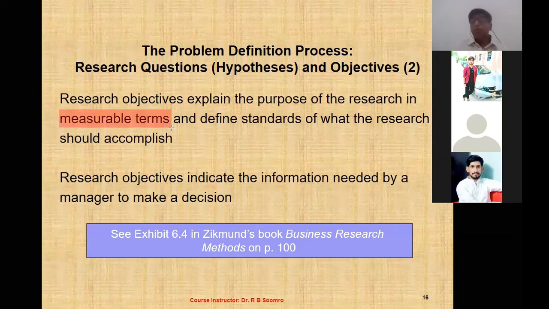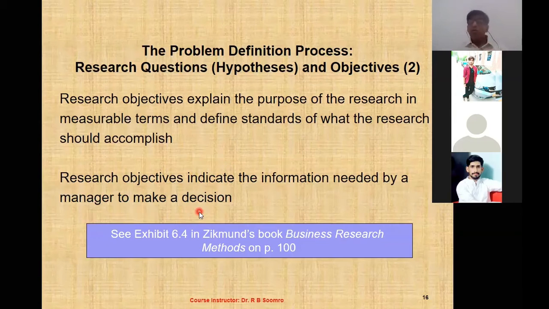That's very important. Like yesterday we discussed that your research objective should be a SMART objective, not vague. You know about these things. All these things should be given in your research objective. Then we can say that your research objectives are clear and attainable. Such objectives indicate the information needed by the manager to make a decision.